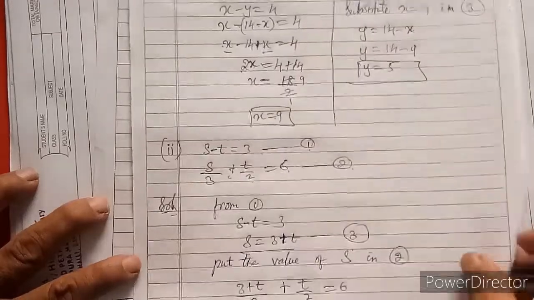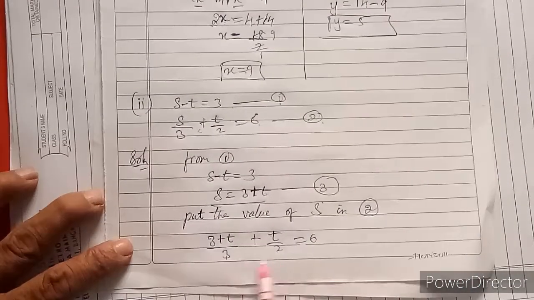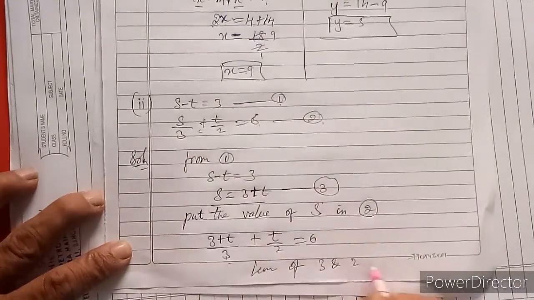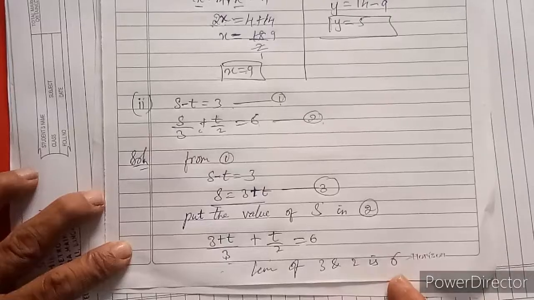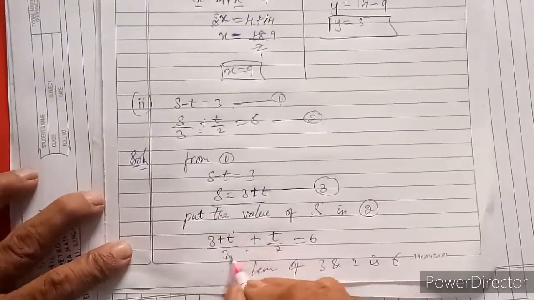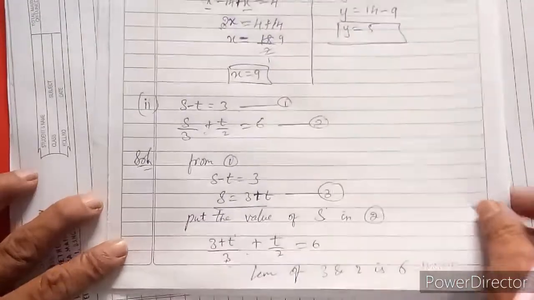Here, the two denominators are not the same. Then what do we have to do? We have to take the LCM of 3 and 2, which is 6.